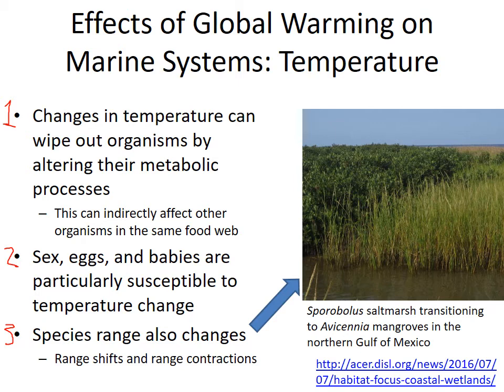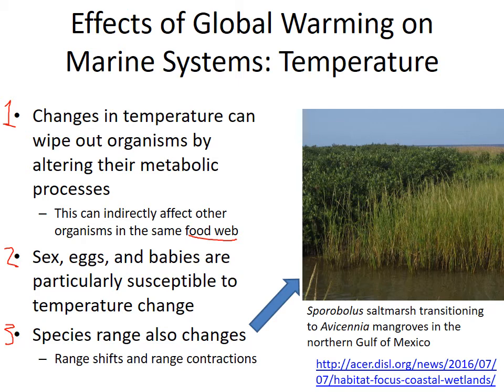The chemicals that make up their bodies work best in a certain range of temperature, and their metabolic processes are thrown off if the temperature is above or below their optimal range. That direct change in temperature can potentially kill organisms, and with one organism gone, the other organisms in the food web, even if they weren't directly affected by those temperature changes, can be affected by the ripple effect of no longer having that organism that used to be there that got killed by the high temperatures.